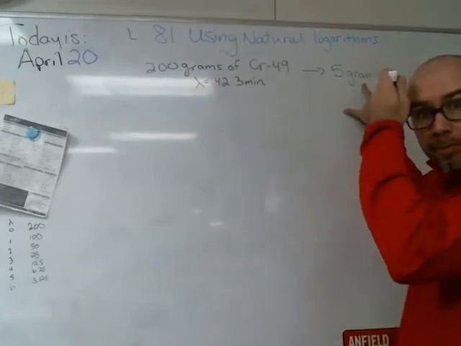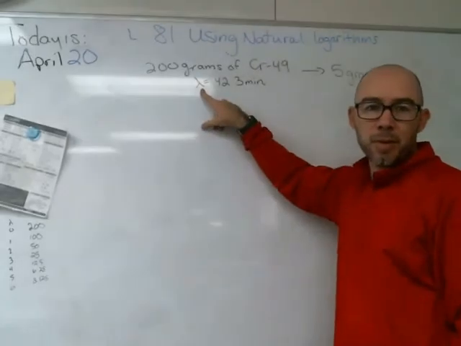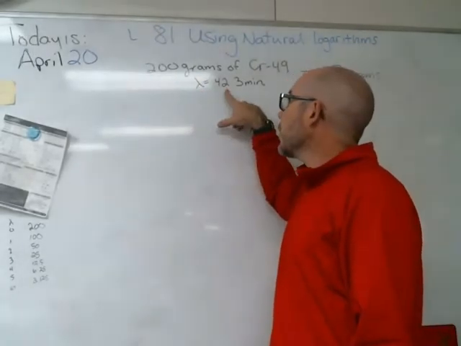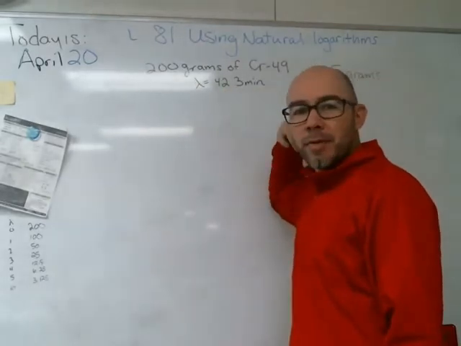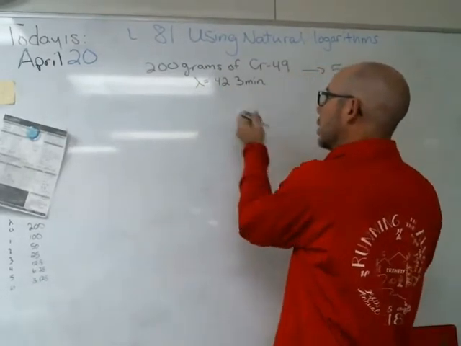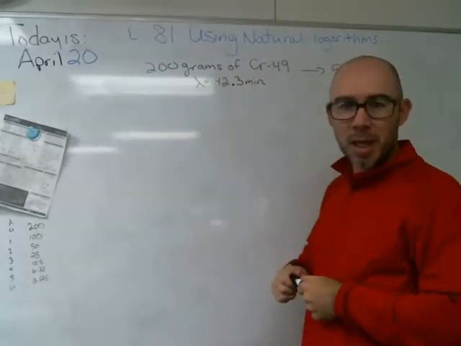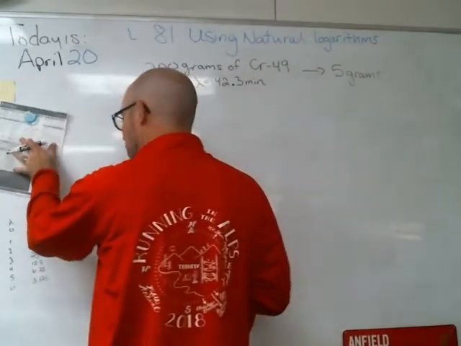And the rule here is that its half-life, which is given the symbol lambda, the Greek letter L, is 42.3 minutes. That means after 42.3 minutes, you're only going to have half of your sample left. So I'm just going to get an estimate here for starters.